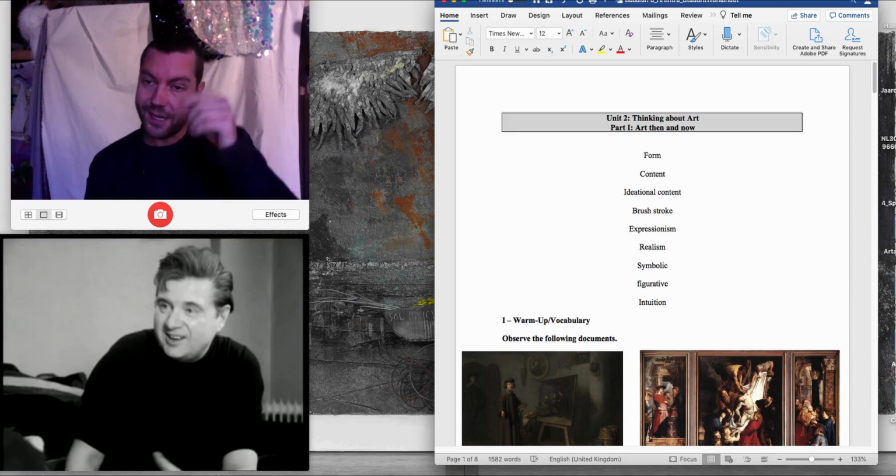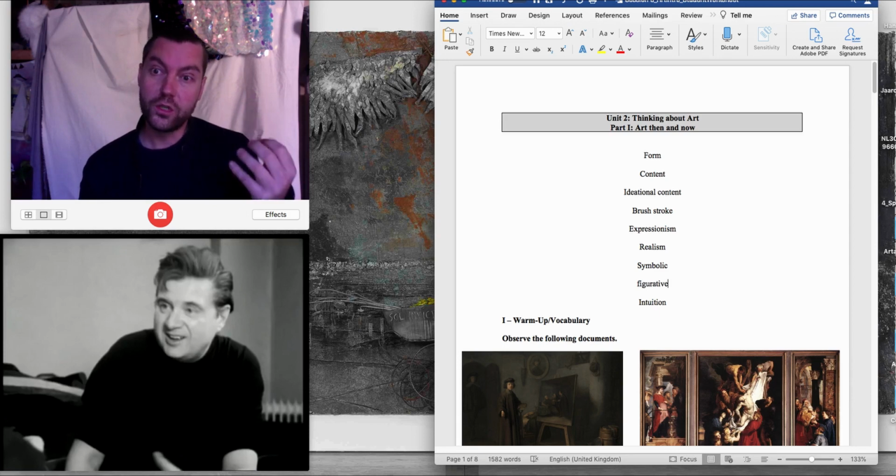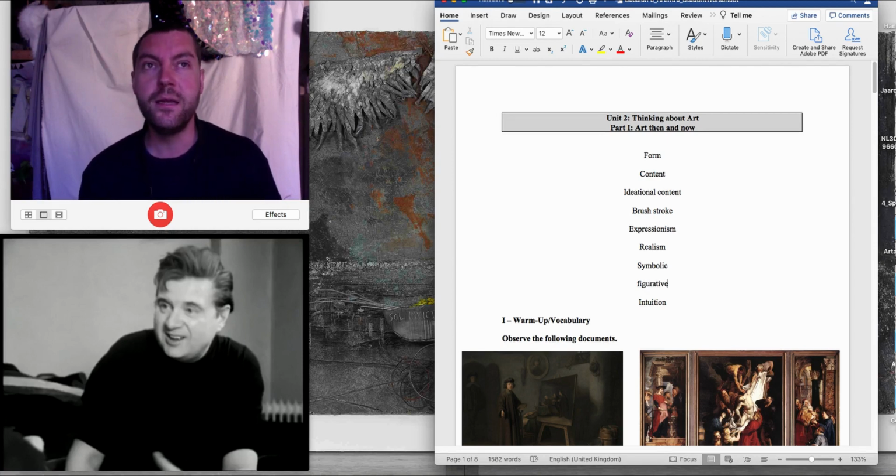So when I paint a dog, it looks like a dog and it means a dog. Symbolic would be, if I painted a dog, does it mean a dog, or does it mean something like servitude or friendship even? So here we have a relationship to these. And figurative, just to double check, would be something realist.